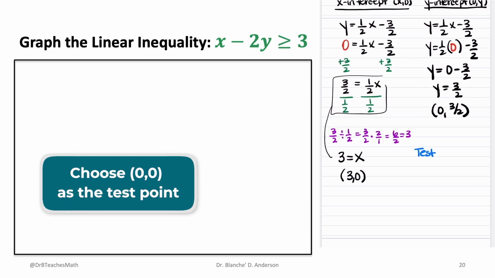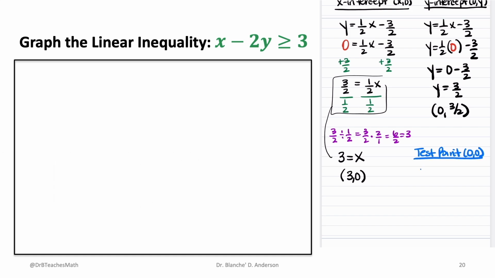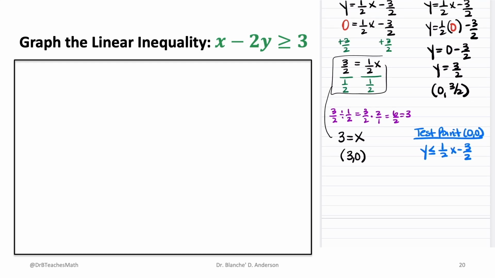The test point is going to help us determine which side to shade. So we have y is less than or equal to 1/2 x minus 3/2. So I'm going to substitute 0 for x and y.